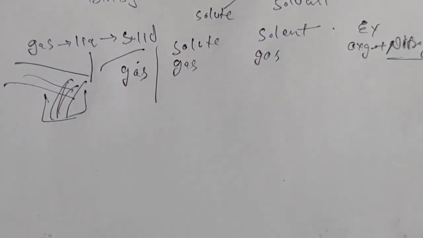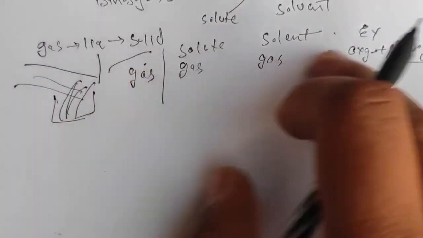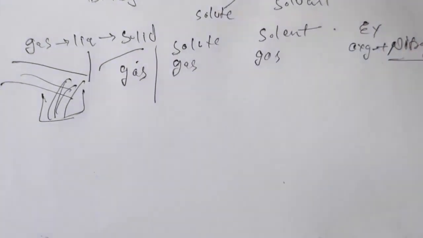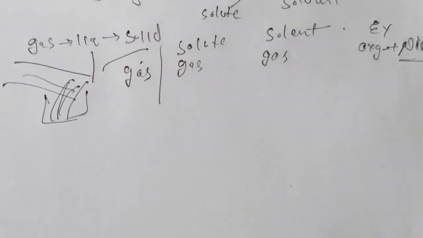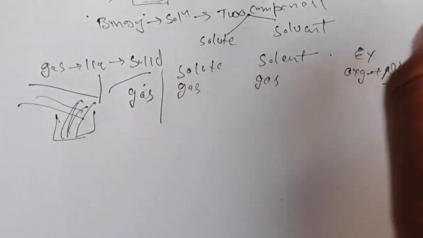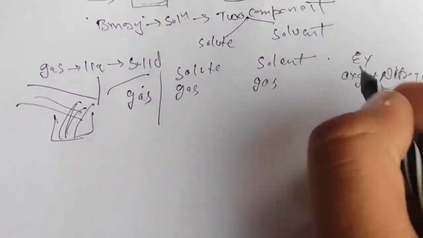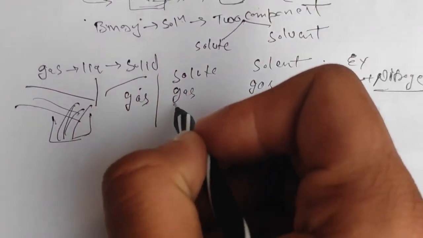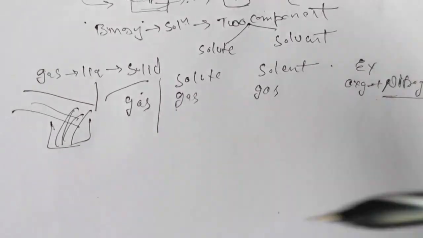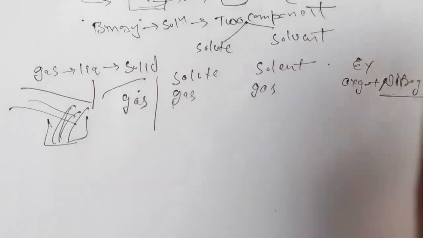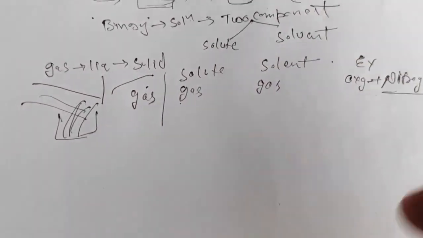A mixture of oxygen and nitrogen is an example of gas in gas. I'm saying that we only look at what happens when we add some solute to some solvent, not what happens after mixing.